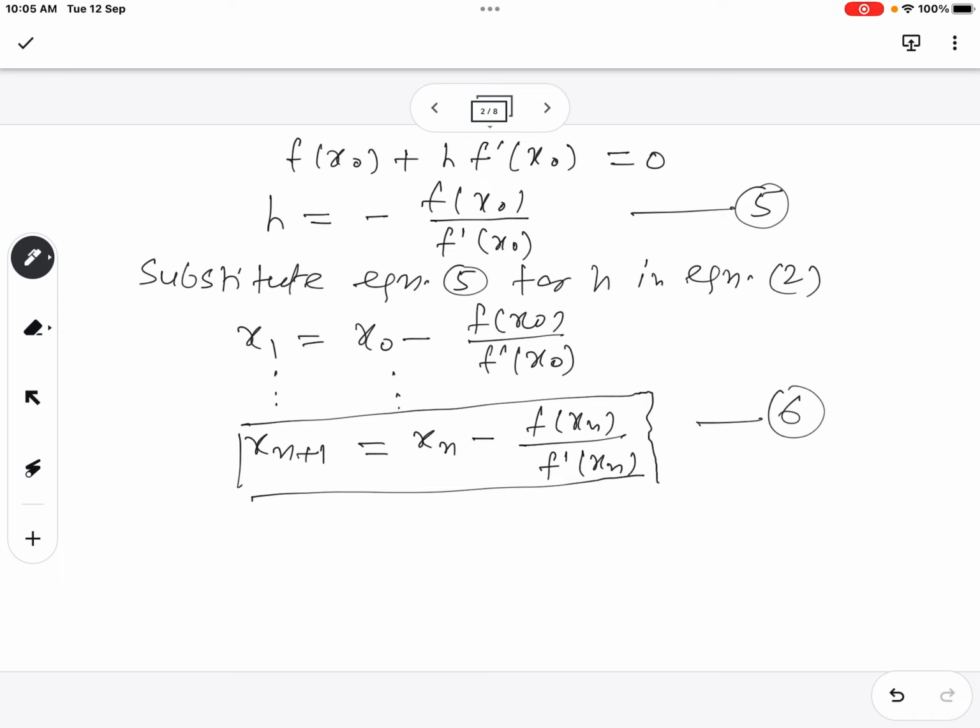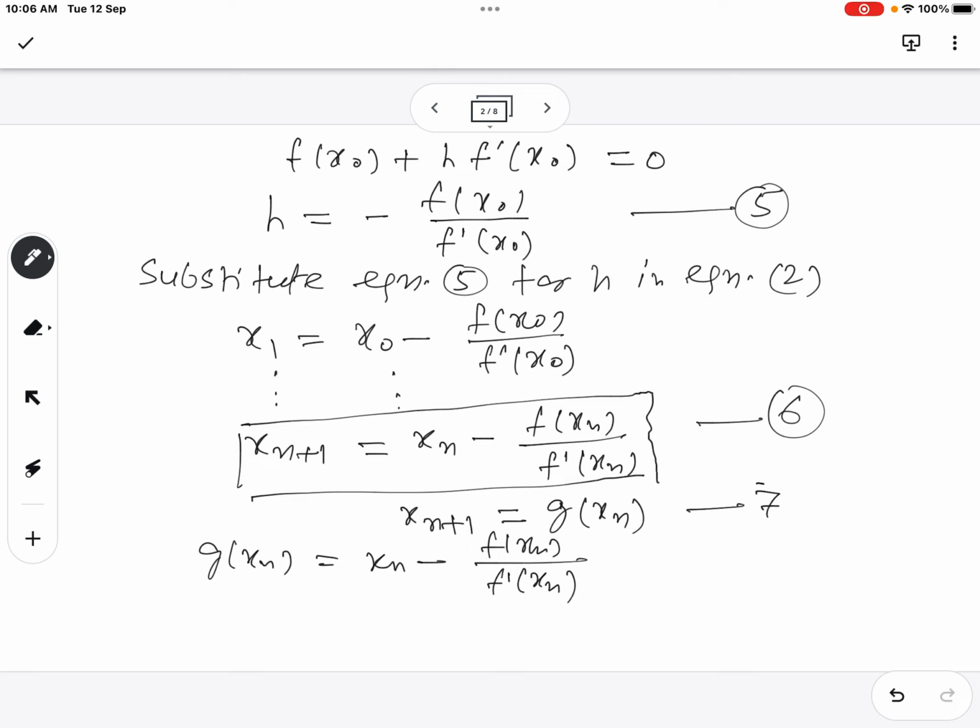Now if we see the fixed point iteration method, it operates like this. If I consider that g at xn is equal to xn minus f at xn by derivative of f at xn, then equation 6 becomes equation 7.